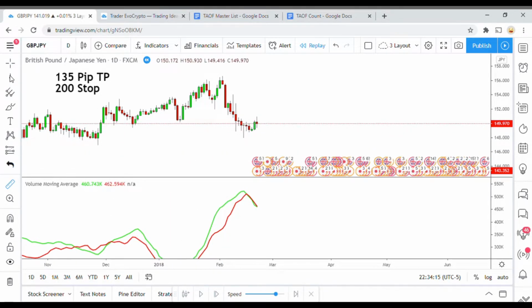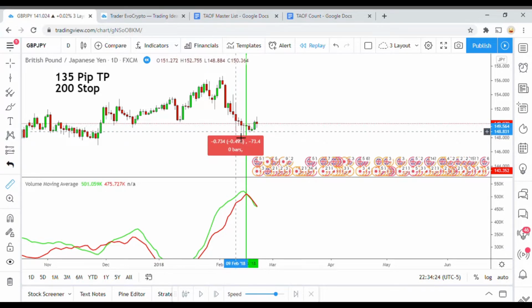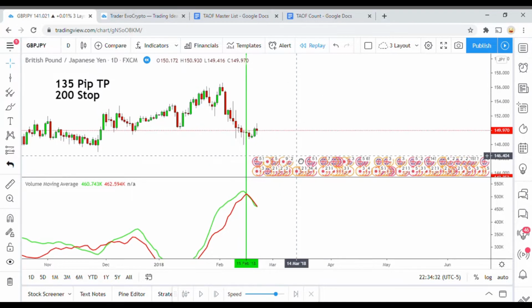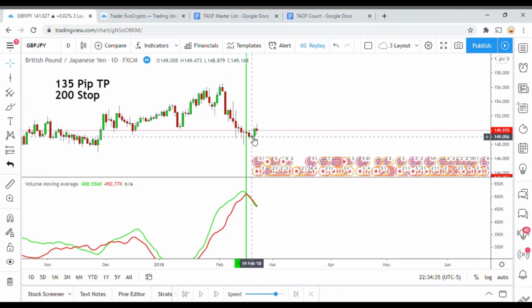Let's measure that out. Actually, let's go ahead and mark that first. Right there. Then we can measure it out. So went down 130. No, I'm sorry. Went down 79. I looked at this up here and said what I looked at instead of saying what I was doing. So it went down about 79 pips right there.